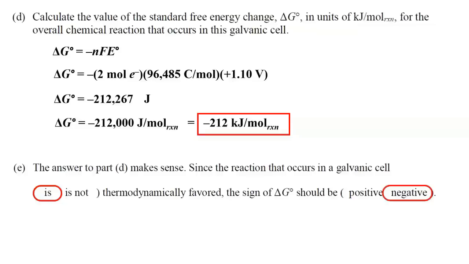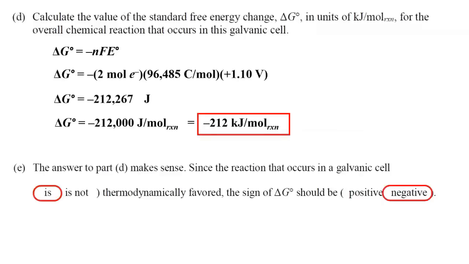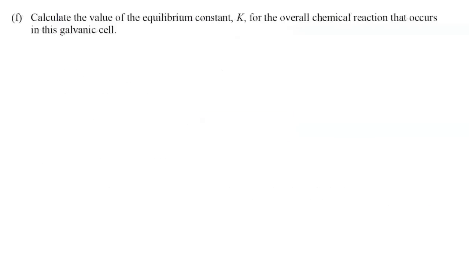All right, our next part of this question is to relate the value of delta G, which is negative 212 kilojoules per mole of reaction, to the value of the equilibrium constant K for the overall chemical reaction that occurs in this galvanic cell.